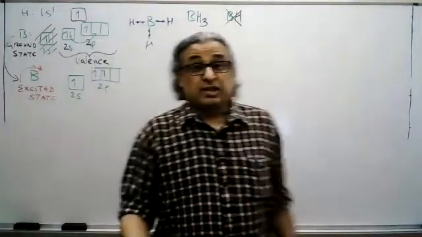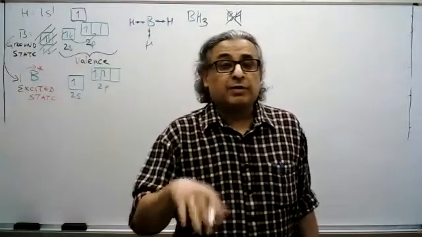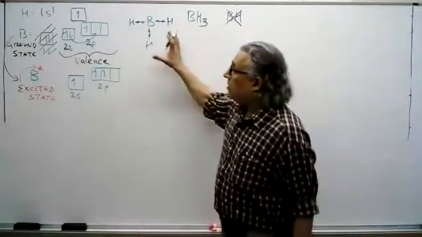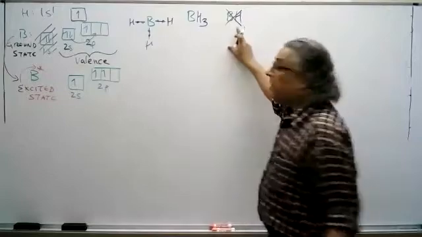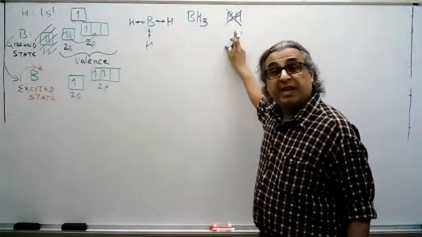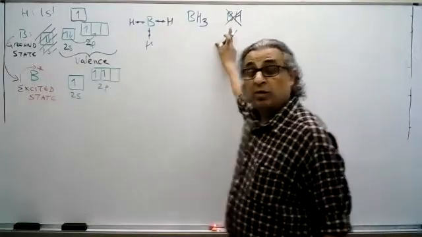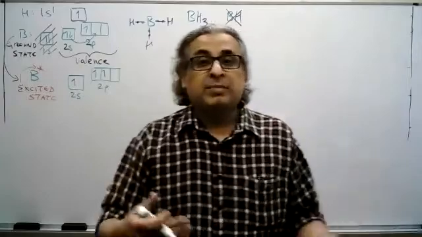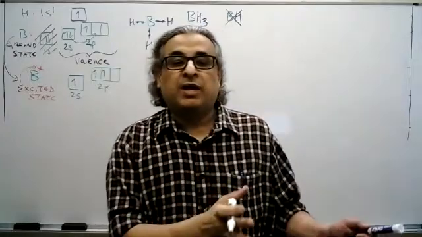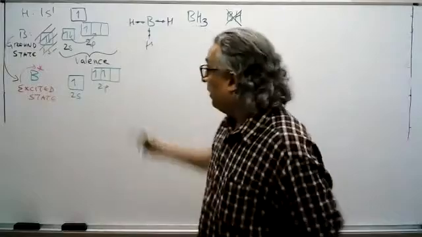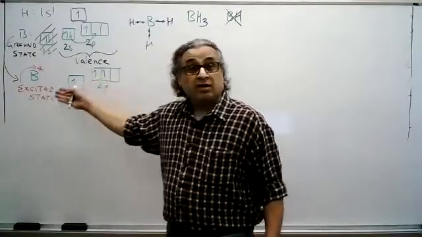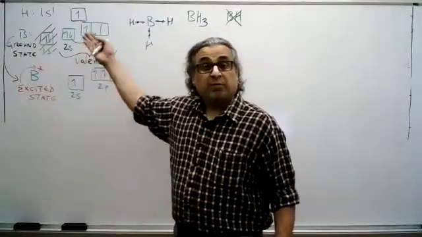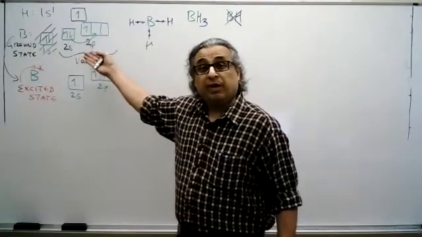I could have said that this is what happens, but I'm kind of trying to tell you the storyline that because that's the case, if we had found molecules such as BH, 1 hydrogen and 1 boron, when you do the elemental analysis, you find 50% hydrogen and 50% boron, then we would not have said that this is what happens right before boron makes a molecule with 3 hydrogens.